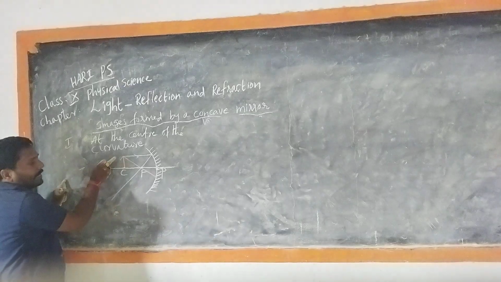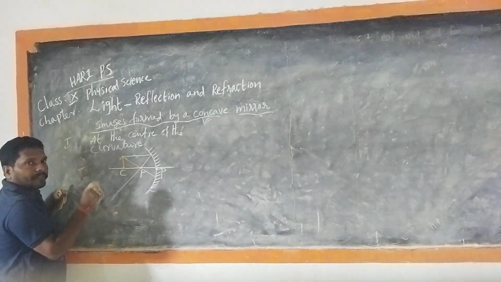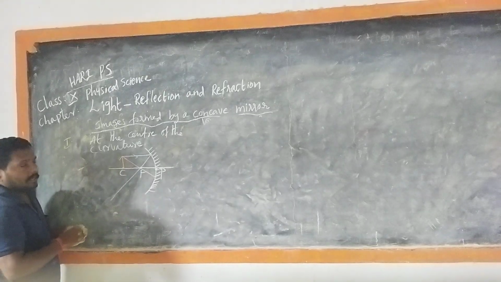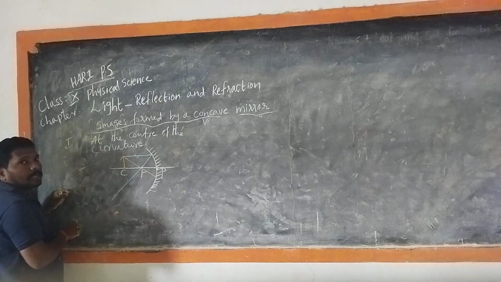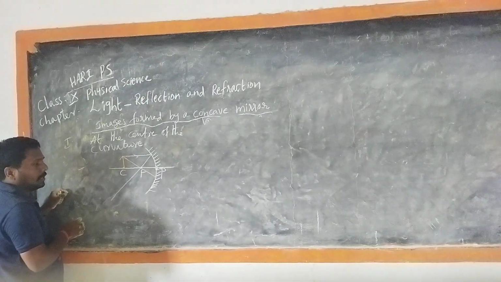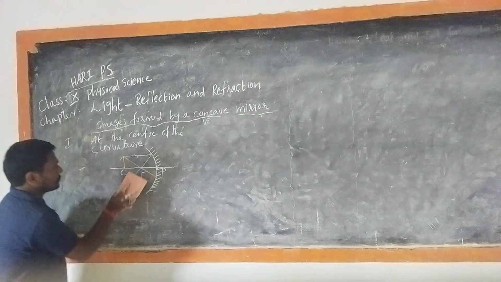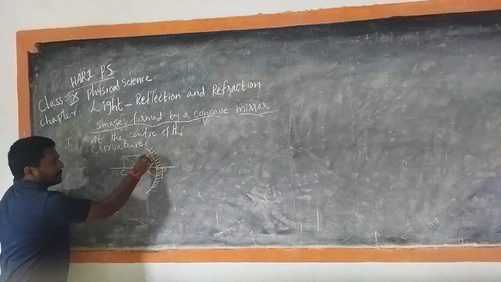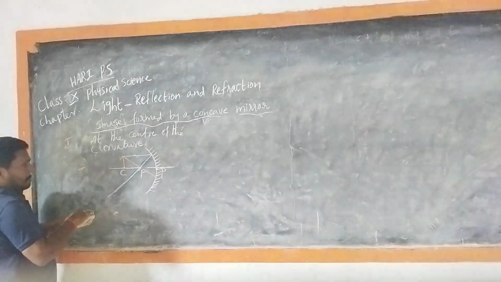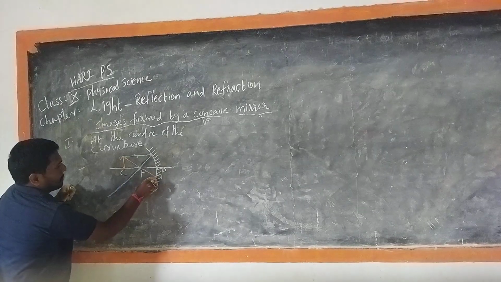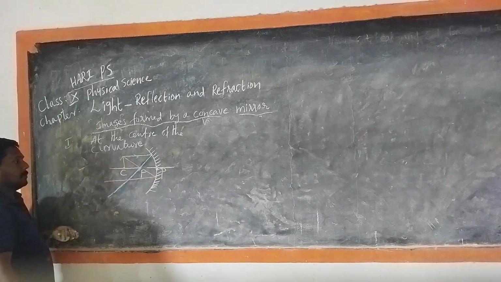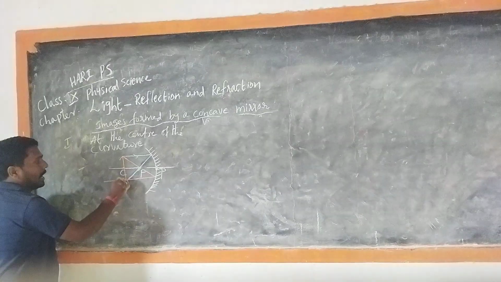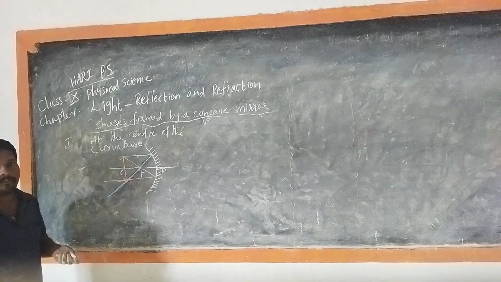We know if the light ray passes through the focus, after reflection it becomes parallel to the principal axis. So the image of the object is formed at the center of curvature.